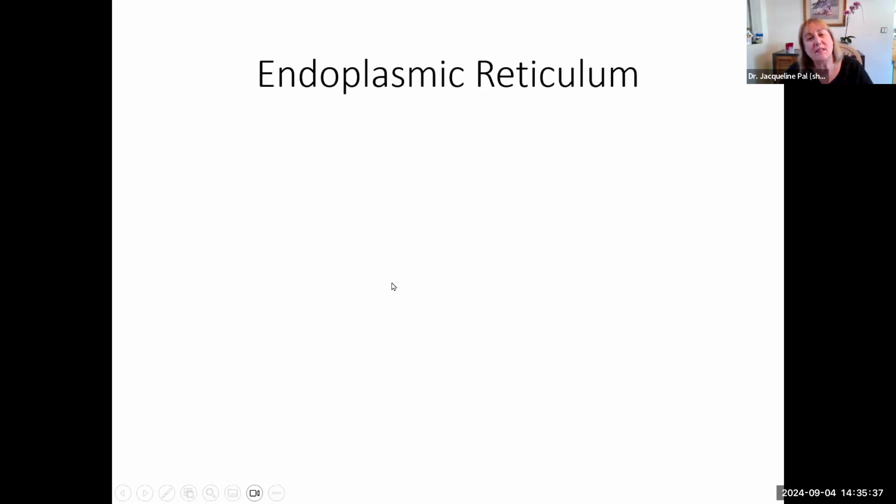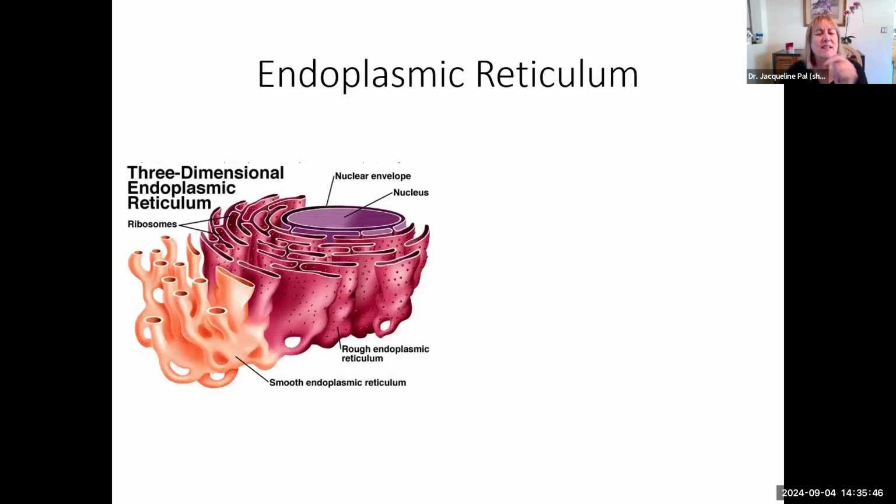Okay, so let's talk about the endoplasmic reticulum. There's 2 types of endoplasmic reticulum. So let's see where this is. Notice right here, here's our nucleus with our nuclear envelope. And I want to draw your attention to that physically attached to the nuclear envelope. As in, the nucleus is not sitting over there and sitting in the corner is your endoplasmic reticulum.